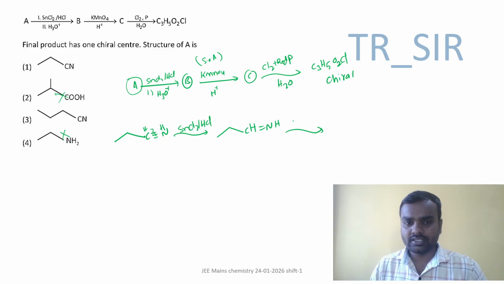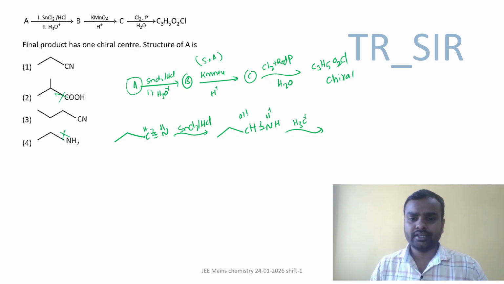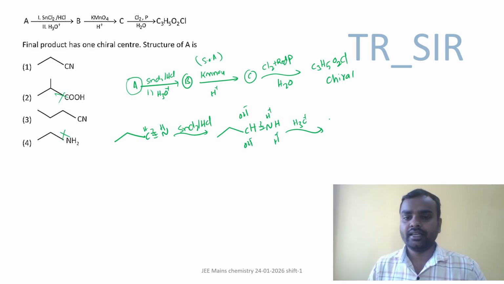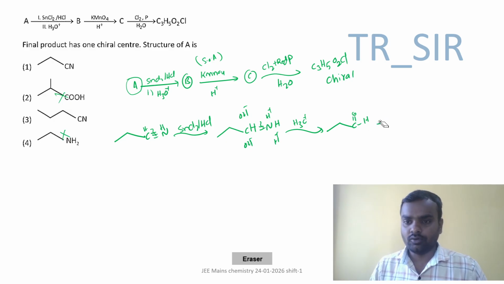Then if you do hydrolysis, the pi bond breaks: H positive, OH negative. We'll be getting C double bond O with 2 OH, which is not stable on a single carbon, so elimination of water occurs, and ammonia also comes out.